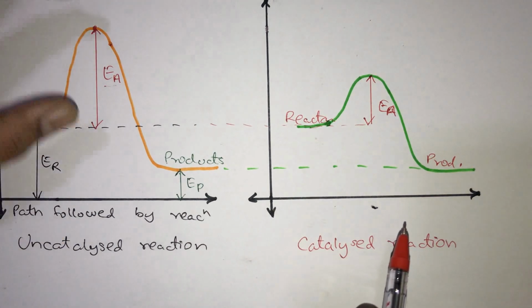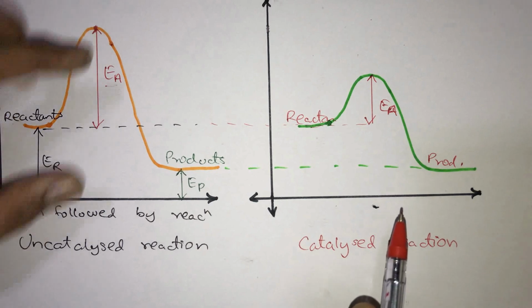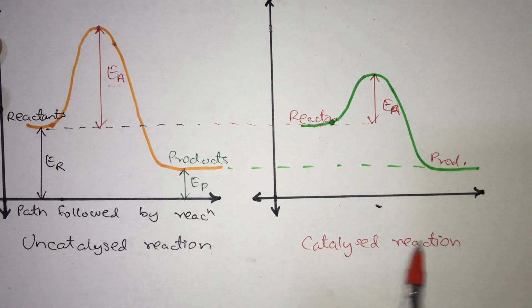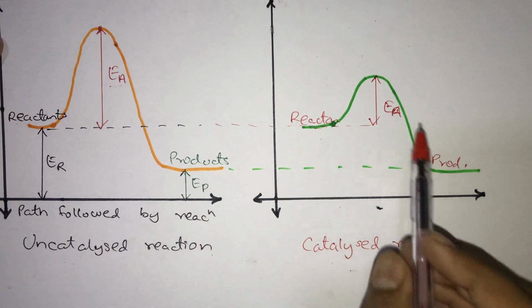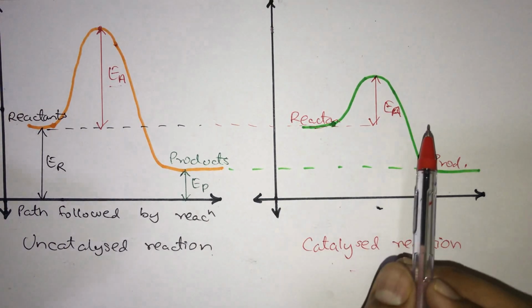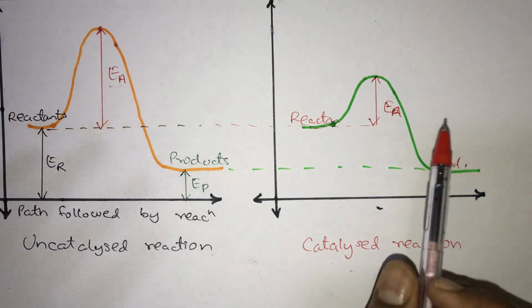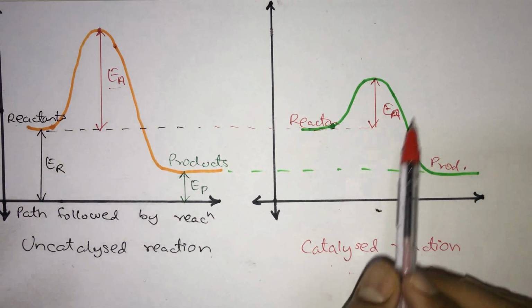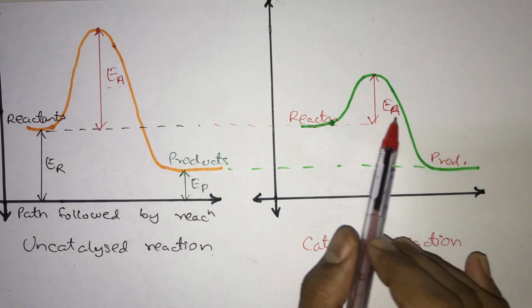This is going to remain as it is. Nothing is going to happen to this activation energy. This is for uncatalyzed reaction. And for catalyzed reaction, the energy of activation is not going to decrease. Instead, it is going to follow a different path which has less amount of activation energy.